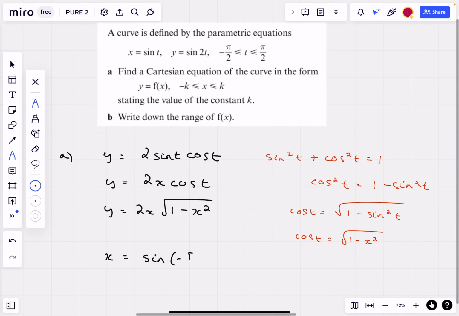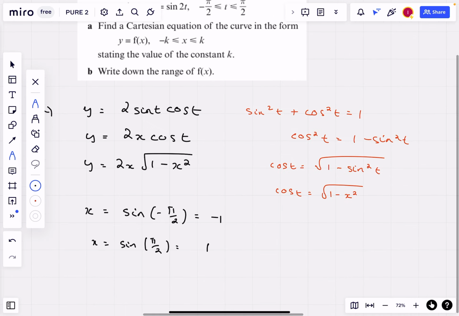Sine of minus pi over 2 and sine of pi over 2, which gives you minus 1 and 1. So this Cartesian is valid when x is between minus 1 and 1. Okay? Cool.